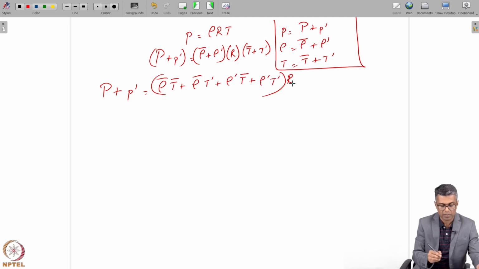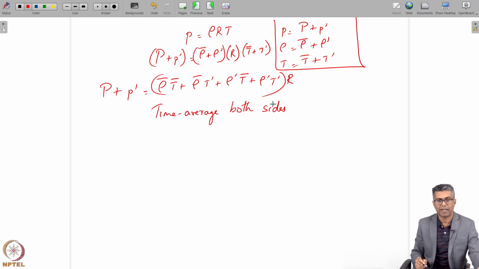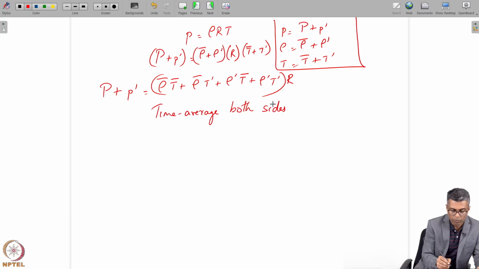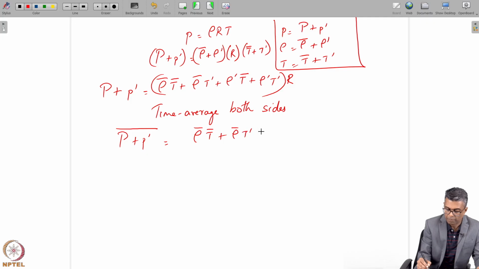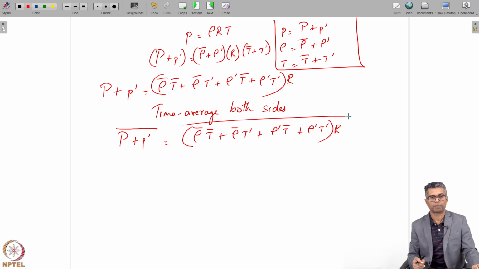Now what I do is I time average both sides. I will have P plus P prime average is equal to rho bar T bar plus rho bar T prime plus rho prime T bar plus rho prime T prime, the whole thing times R, of course, and average of the whole thing, isn't it?